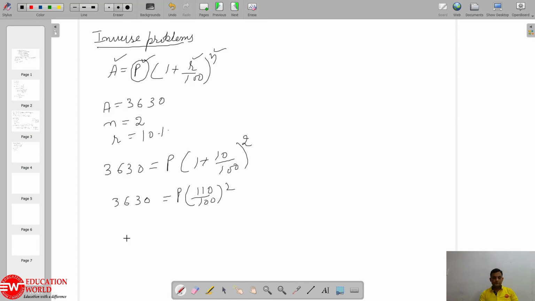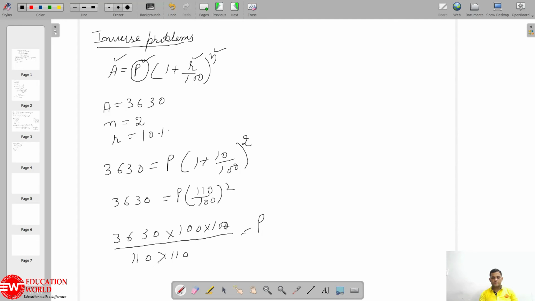So 3630, we cross multiply. 200 will be here because the square is there, and 110 and 110. So just solve it for better understanding.